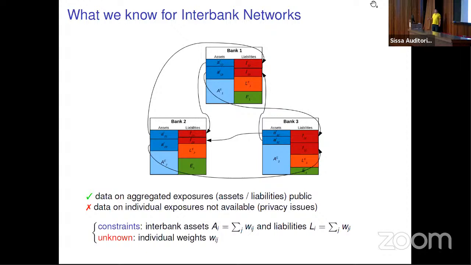So you know what is the total exposure of a bank towards all the other banks in the system, but you don't know the amount of each specific exposure. In network terms, this means that you know the total strength of the nodes, but you don't know the specific weight of the links. So, as it will be clear later, in order to run contagion models, you need to know the network. So the first thing that we have to do is to try to reconstruct this network.